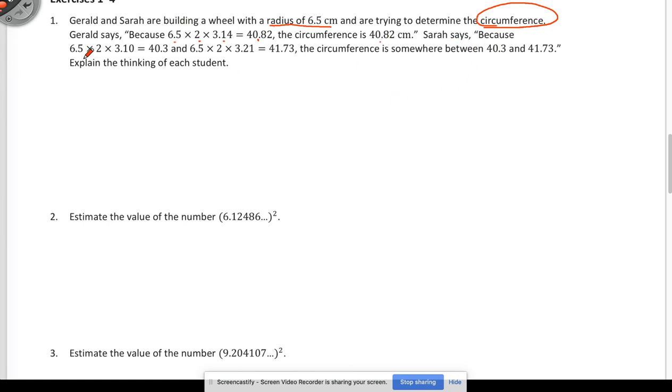Sarah says because it's 6.5 times 2 times 3.10, you should get 40.3. And then she expanded it basically. 6.5 times 2 times 3.21, you get this. The circumference would be between these two values. So explain the thinking of each student.